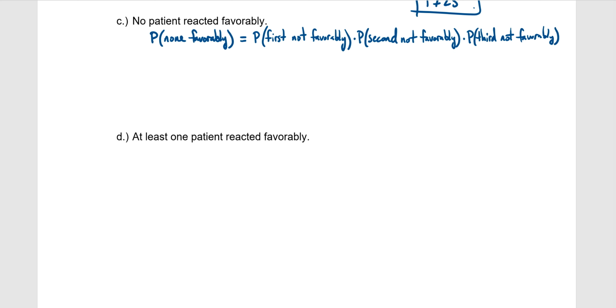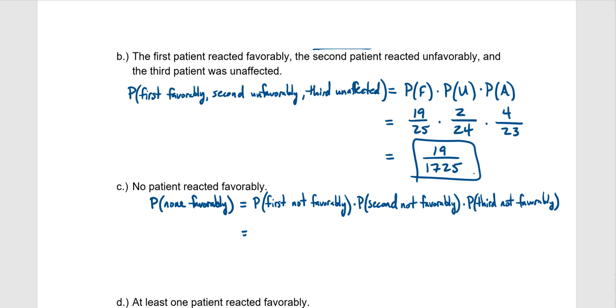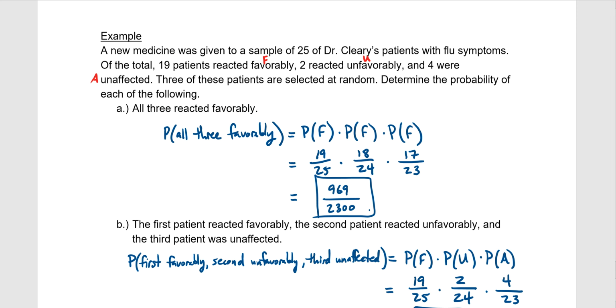So not favorably doesn't mean unfavorably, it means just not favorably. So it takes into consideration unfavorably and unaffected. So 19 reacted favorably out of 25. So the ones that did not react favorably are going to be 6 out of 25. It's going to be 25 minus 19. It's going to be the other 6, which does take into account unfavorably and the unaffected.